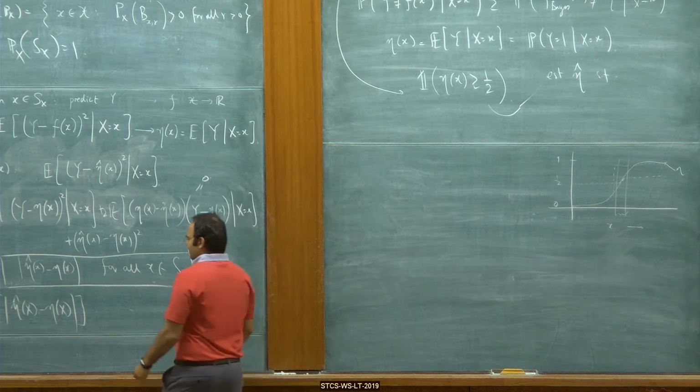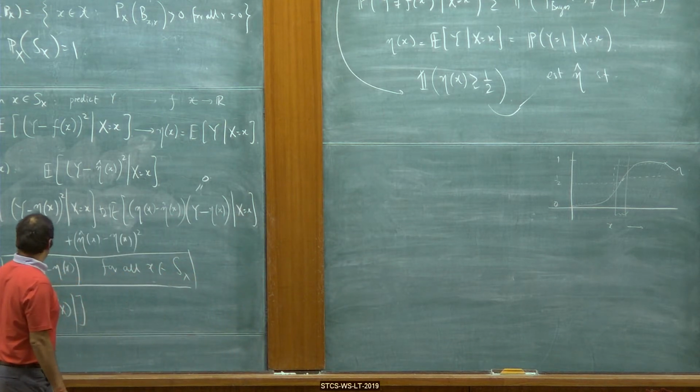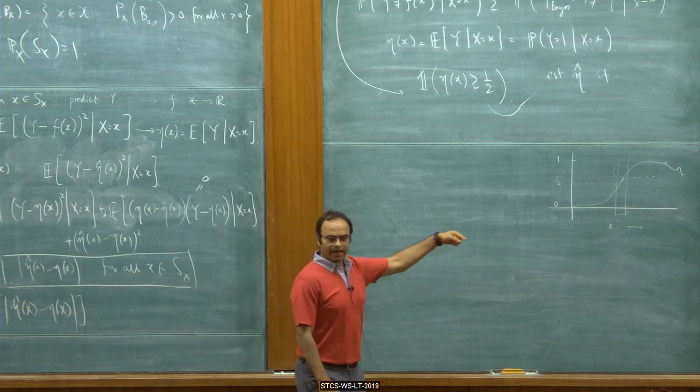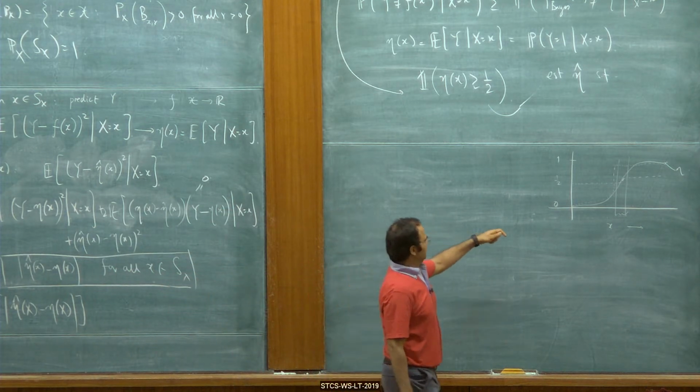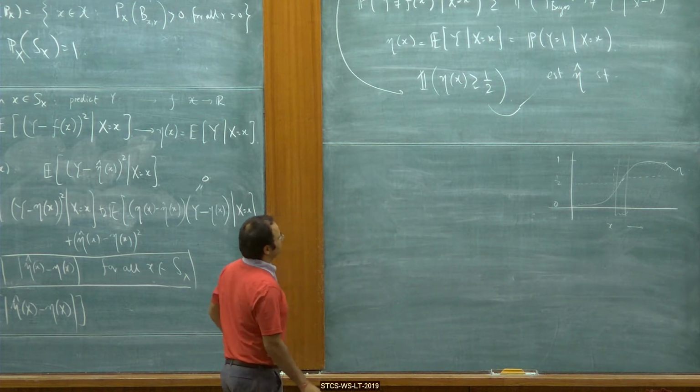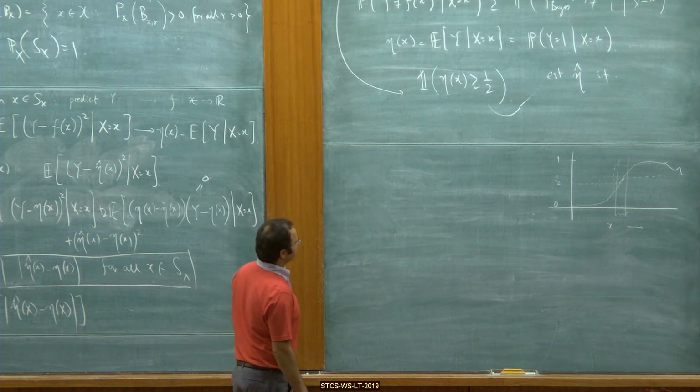Again, the regression function eta now takes values between 0 and 1, and x is my input. Effectively, the likelihood has become my target.